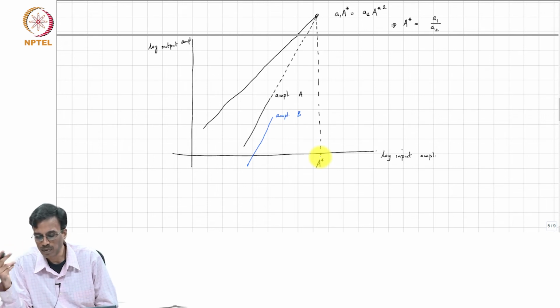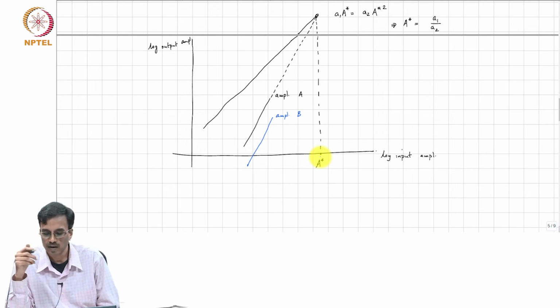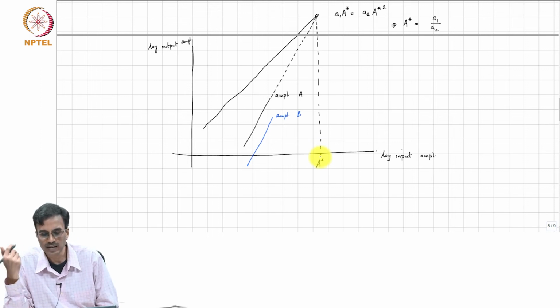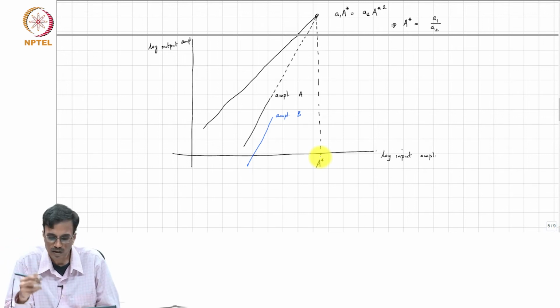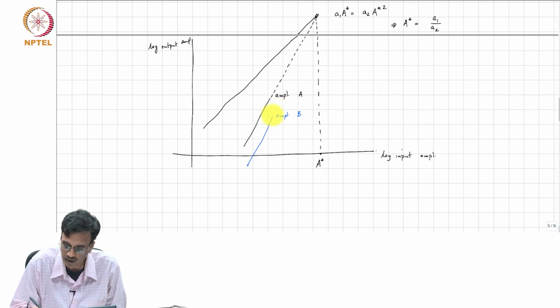Okay. So if the amplifier is perfectly linear, what comment can you make about A star? A star should be infinity, right? So, the more linear the amplifier is, the higher the A star will be.